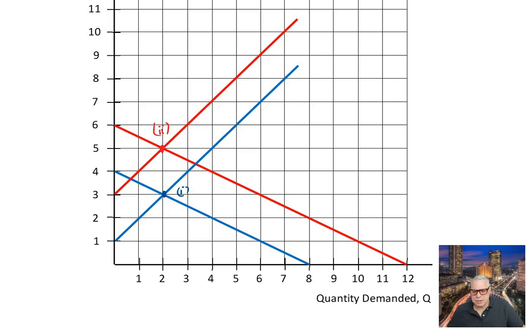So the equilibrium quantity is always the same, 2 in both scenarios. But the equilibrium price went up from 3 to 5. Obviously light bulbs became scarcer, because there was more demand for it, but the supply also got less because of the higher cost. So the price as a result went up.